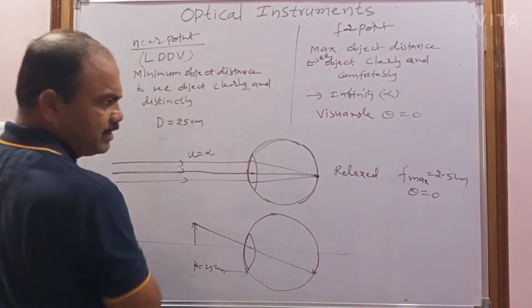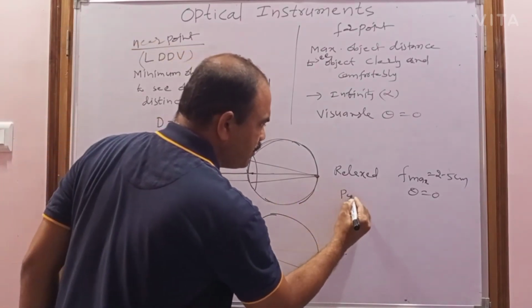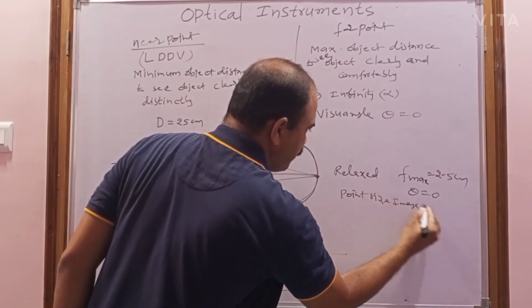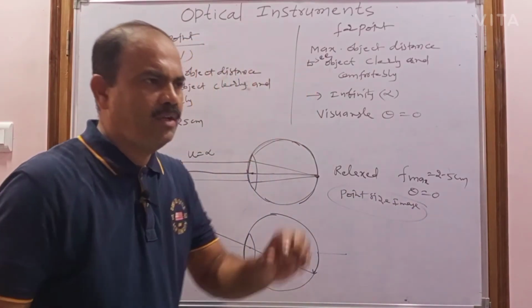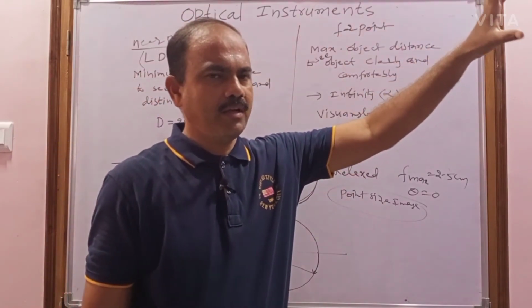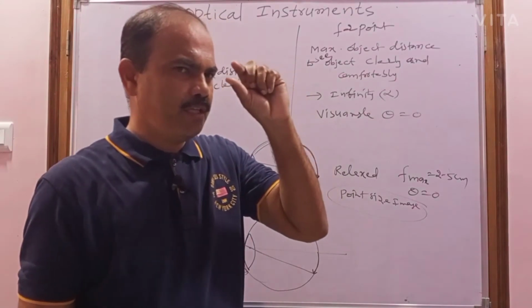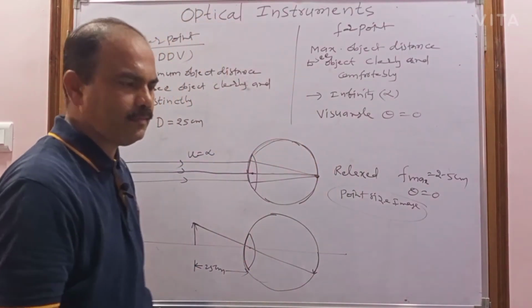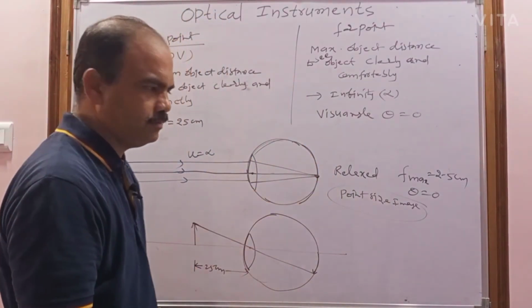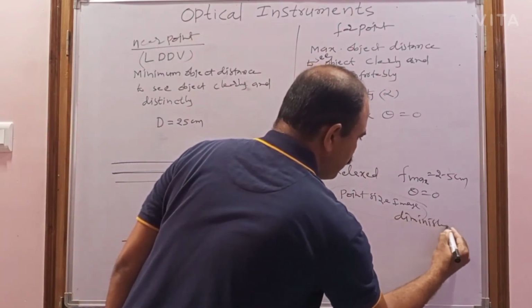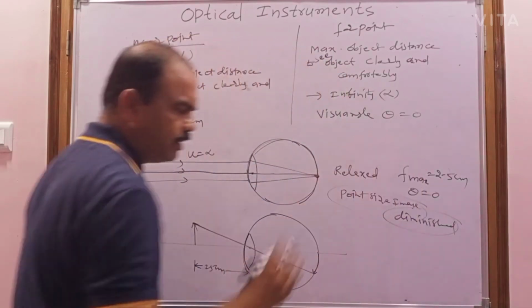When the object is at infinity, it forms a point size image. So when we see far objects like stars, the size will be very small, sometimes just a point, and it forms a diminished image. Very small in size.